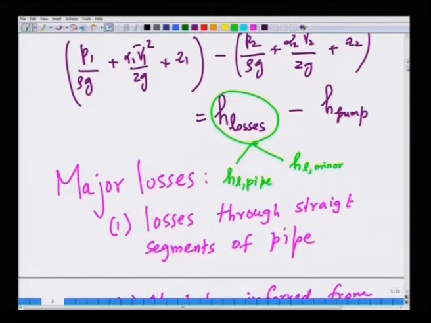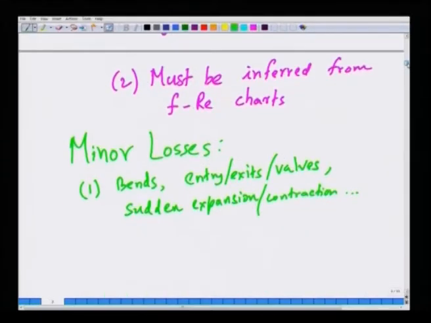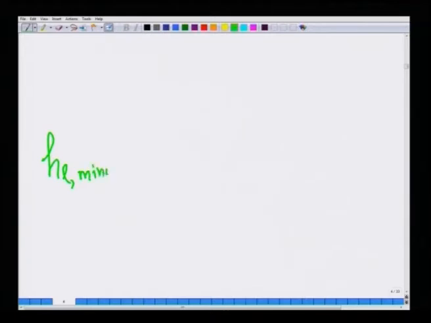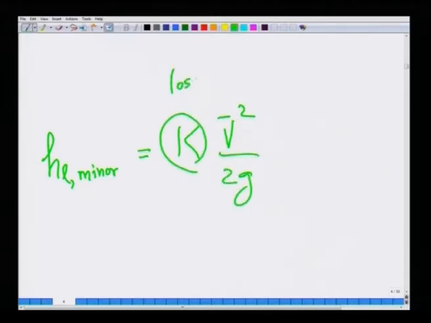The minor losses will have to be again derived from experiments, but there are standard values that are written down for minor losses. Typically, the minor losses are written or correlated as a loss coefficient times V squared by 2g. This is called a loss coefficient.